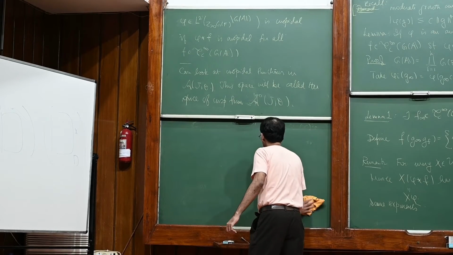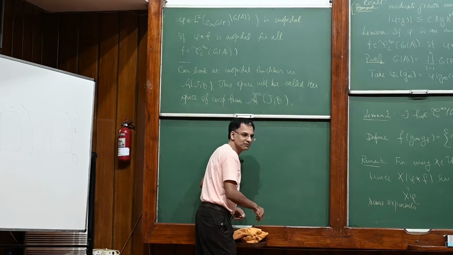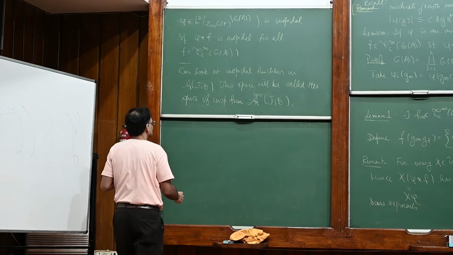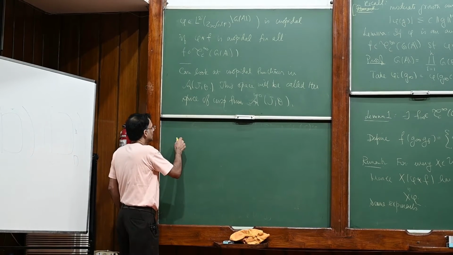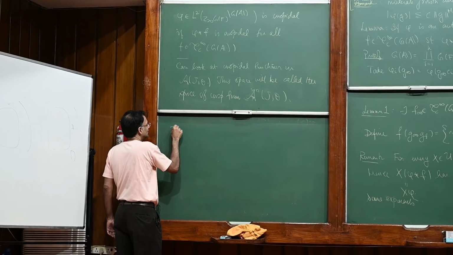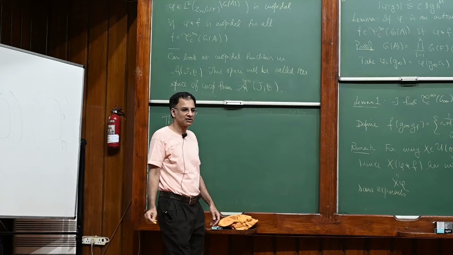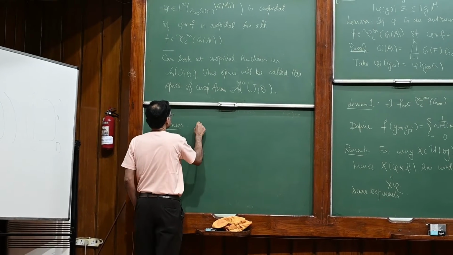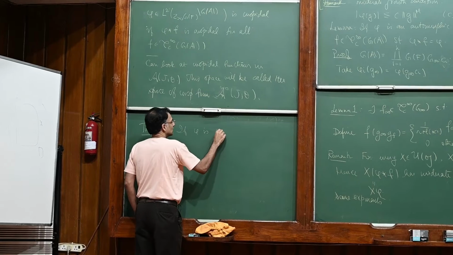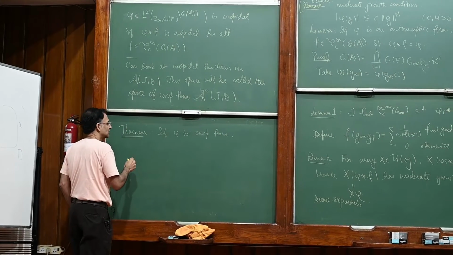So the first thing we would like to prove, which I will do in the next lecture, is that the space of cusp forms is finite dimensional. So we will prove that. So, lemma, okay, this is the main theorem. Most of our energy will probably go towards proving this. That if phi is a cusp form, phi is bounded.